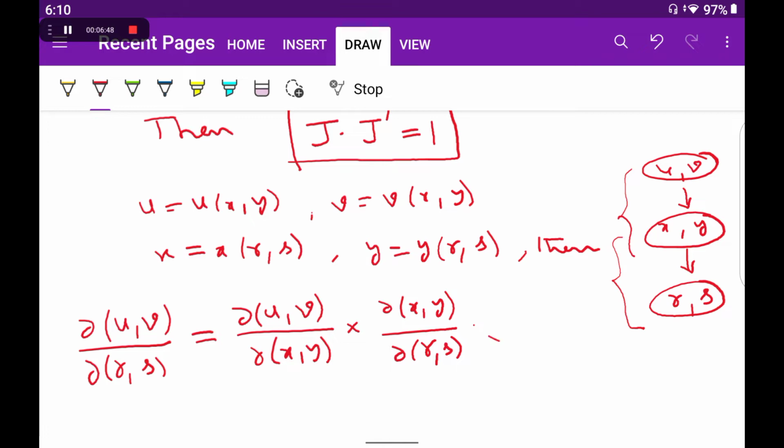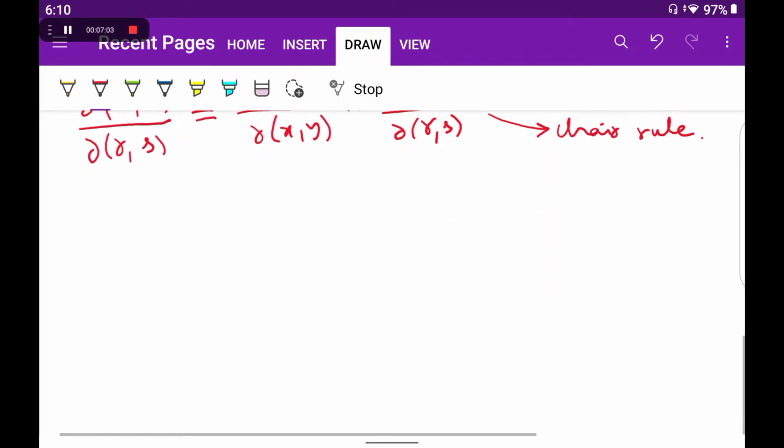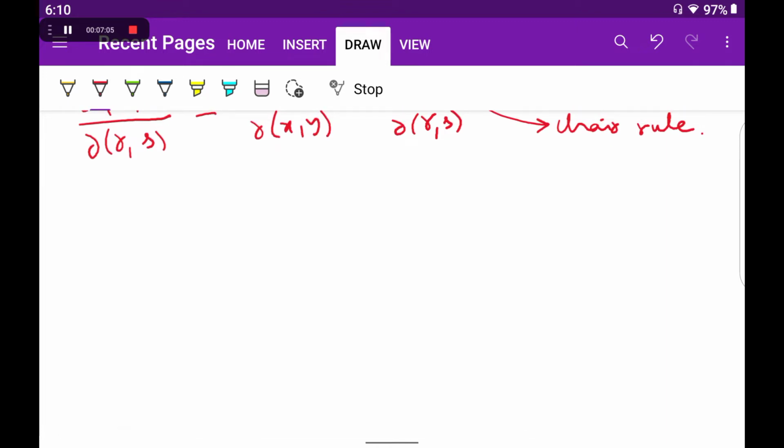This is called chain rule in Jacobians. This is another property. This is the first property. So with these two properties, we can do problems in Jacobians.